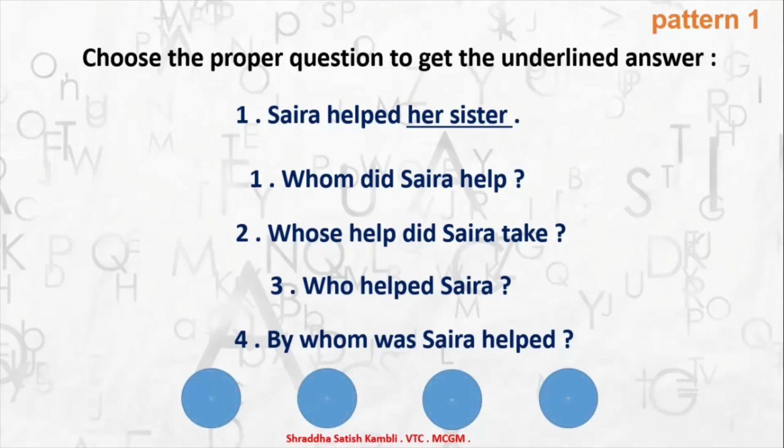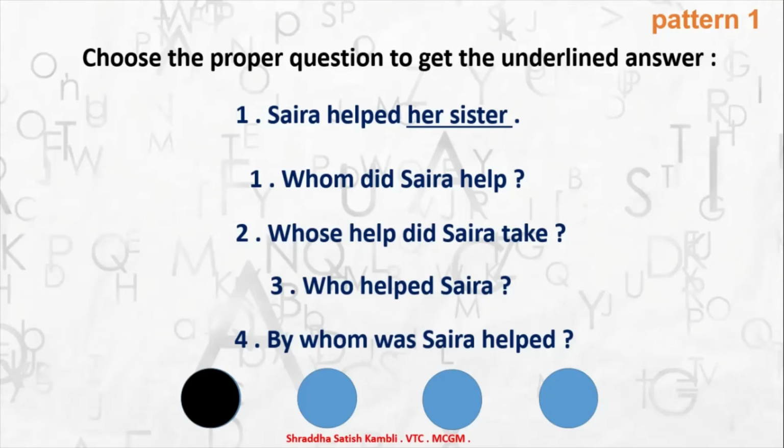So which one will you ask? To get the answer, her sister, you will use the first option. Whom did Saira help? Her sister. What do you think if I ask, whose help did Saira take? It's a wrong question altogether. Okay, the answer is not at all fitting.